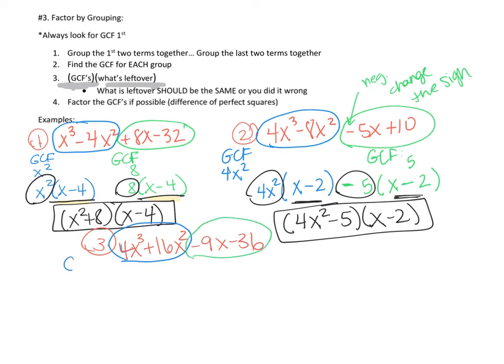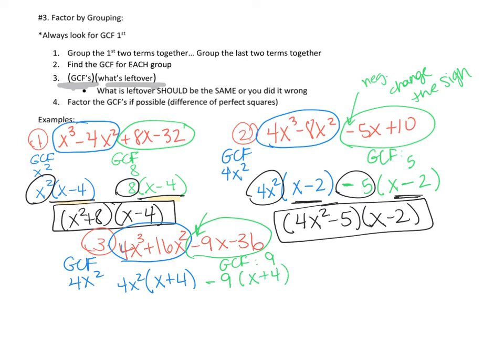With my first group, I'm going to find my GCF, which is going to be 4x squared. Taking out a 4x squared is going to leave me with x plus 4. Looking at my next group, I'm going to find my GCF, which is going to be 9. Remember, this time I'm going to bring out that negative. So I'm going to bring out a negative 9, which is going to leave me with x plus 4.